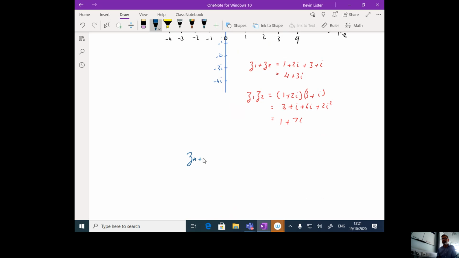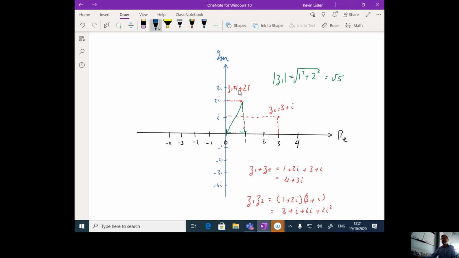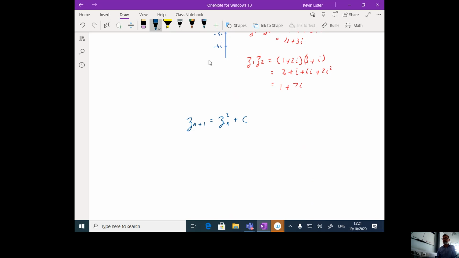And the equation for the pattern is this. It's z(n+1) is equal to z(n) squared plus c. And c is some value on the plane. So in this first case here, for example, c might be 1 plus 2i, or c might be 3 plus i. So what we do now is we say, well, let's start with n being equal to 0. And that means that if n is 0 here, the first value z1 is z0 squared plus c.